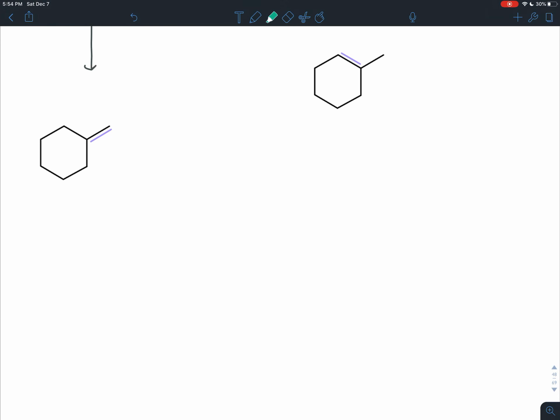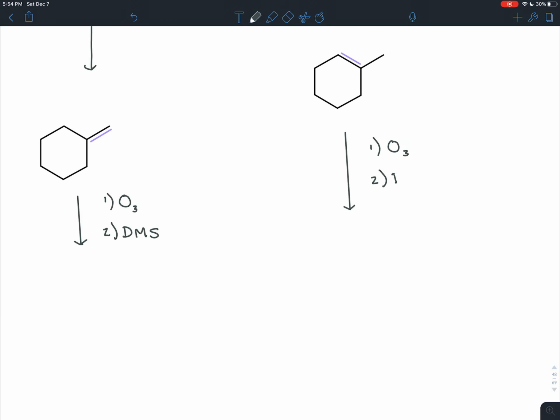It was ozonolysis. If you treat an alkene with ozone in the first step, that's O3, followed by a reducing agent, dimethyl sulfide, DMS, so that's sulfur with two methyl groups on each side.